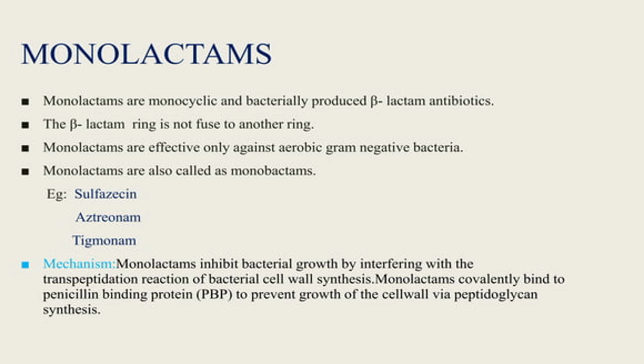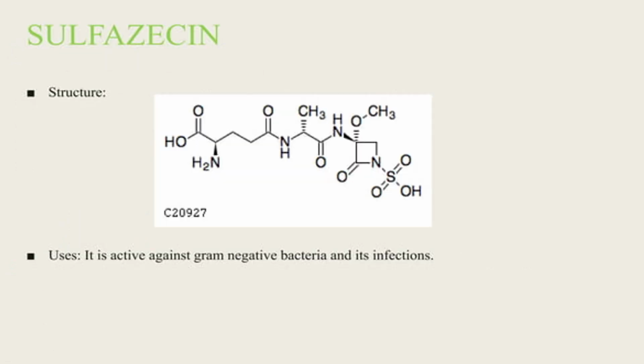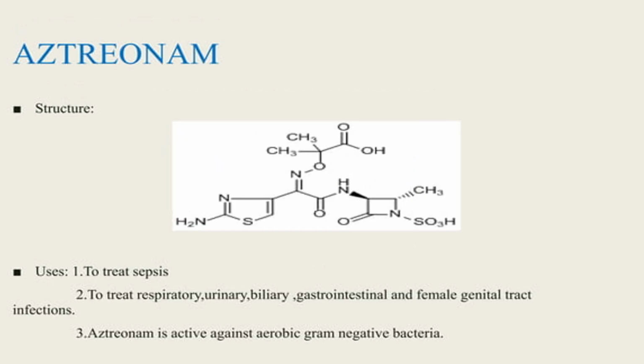So they also inhibit the formation of the cell wall by interfering with the transpeptidation reaction, like cephalosporin. Examples of this class of drugs are sulfazecin. This is the structure of sulfazecin, active against gram-negative bacteria and their infections.